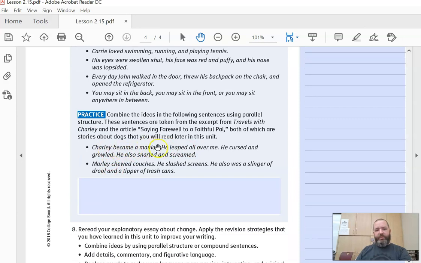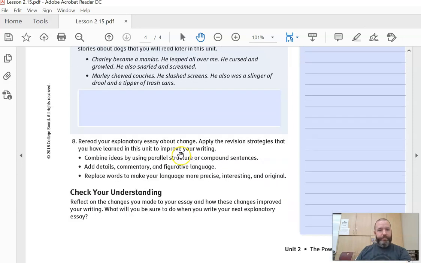So it says, Charlie became a maniac. He leaped all over me. He cursed and growled. He also snarled and screamed. So you're going to combine those so it's not so choppy. So for instance, Charlie became a maniac, he leaped all over me, he cursed and growled, he also snarled and screamed. Okay, so there you go. There's a free one for number one. You can put those in the box here.